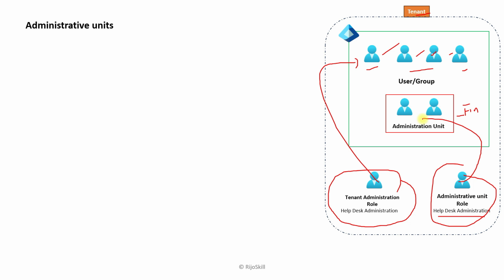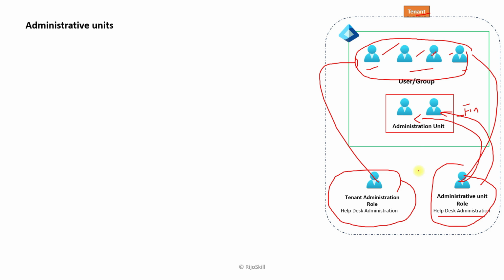So this user can reset passwords only within the administrative unit. This user cannot reset any user outside of the administrative unit. But the tenant level administrator can reset the administrative unit passwords and everything. So now you understand the concept of the administrative unit.